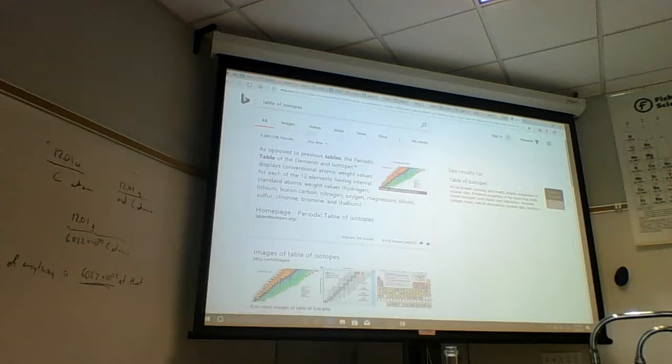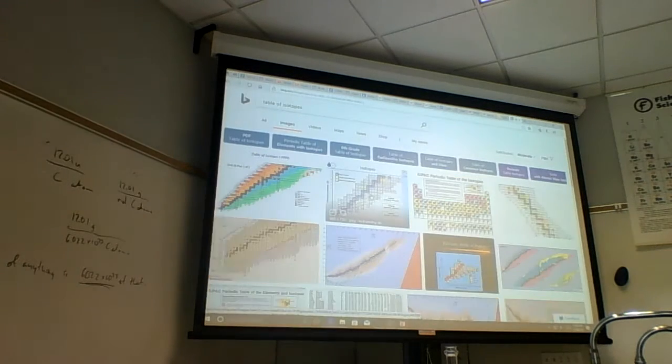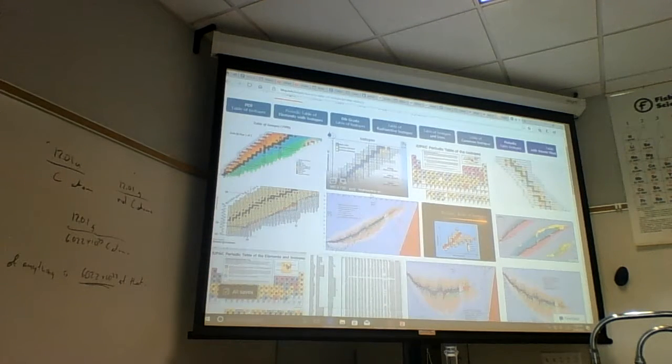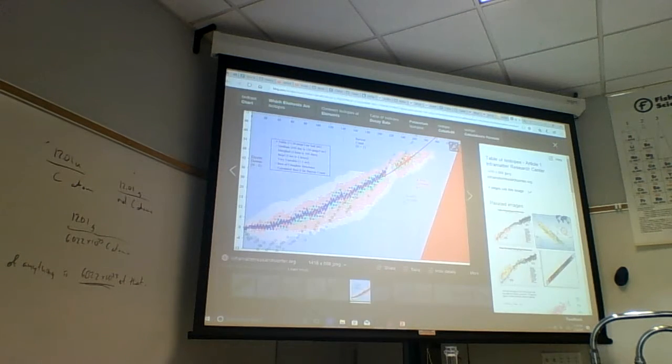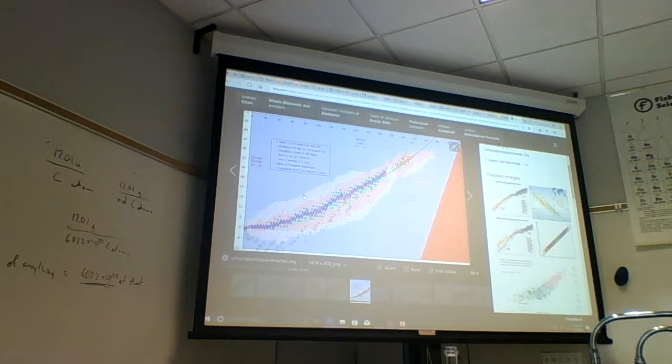Well, we go to the table of isotopes here. Actually, if you want to know what's radioactive and what's not, this tells you. This little graph tells you how stable the nucleus is, based on protons and neutrons.